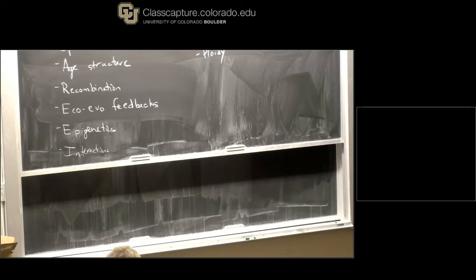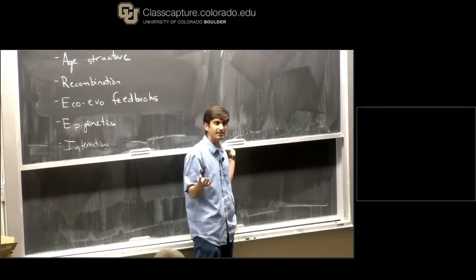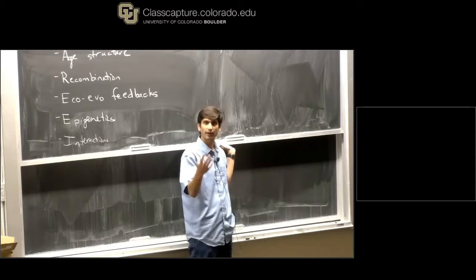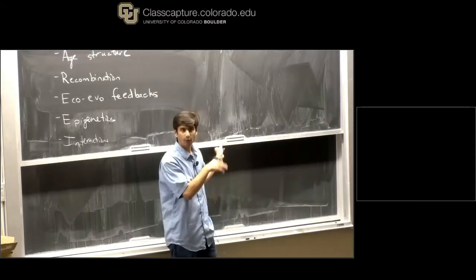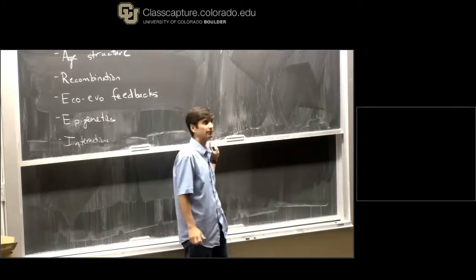For yeast in the lab, that's perfectly valid, but in humans, most are diploid, so you have effects associated with dominance. Lots of plants are tetraploid or more, so you can have all kinds of complicated effects, which I'm going to neglect here.